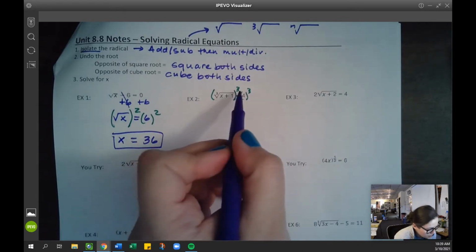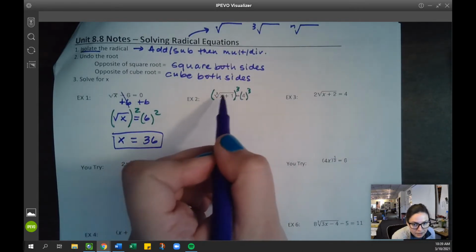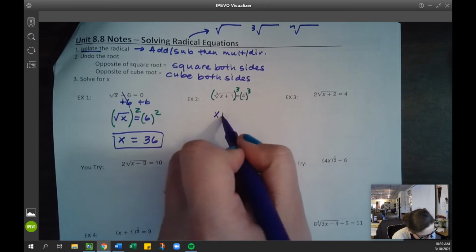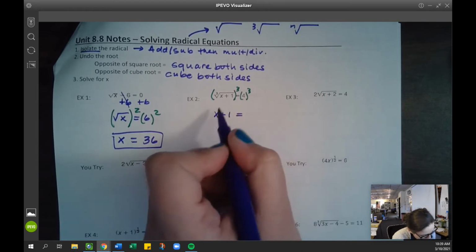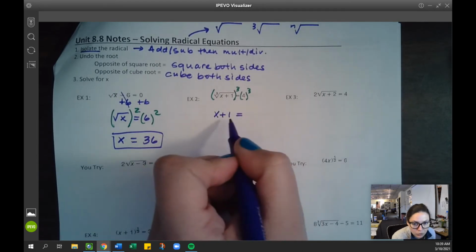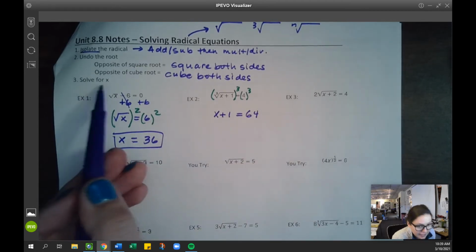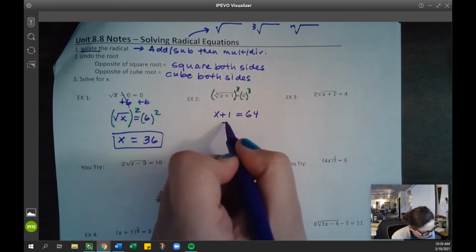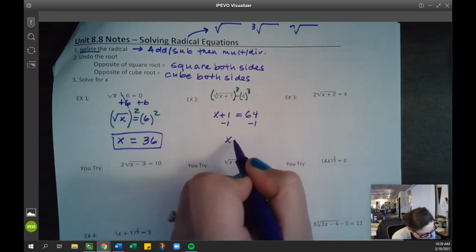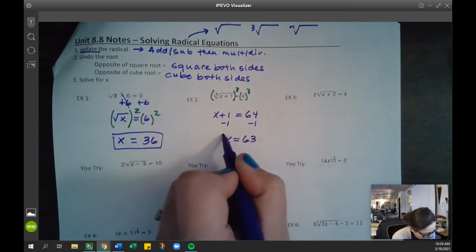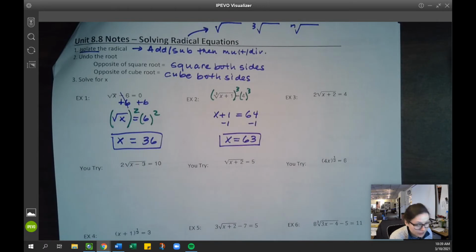If I cube the cube root of something, I am just left with that something, so I'm left with x plus 1. 4 cubed is 64. And in this case, I have to finish it up and solve for x. So I'm going to subtract 1 from both sides, and we get x equals 63.